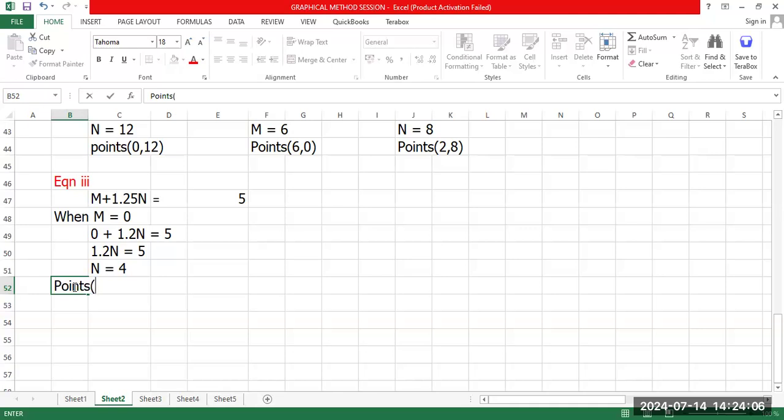It is 0 and... Abel, yes, please. The value of n, I think it's 1.25n. Oh, sorry about that. Thank you. So if you get 5 divided by 1.25, you get 4.